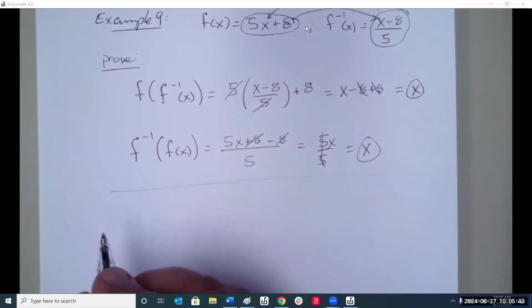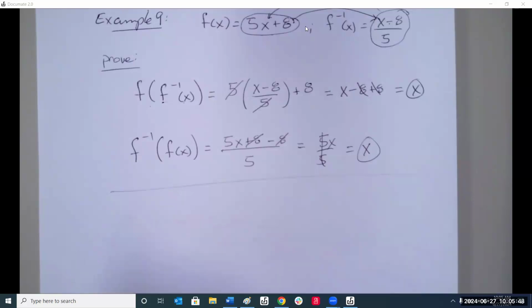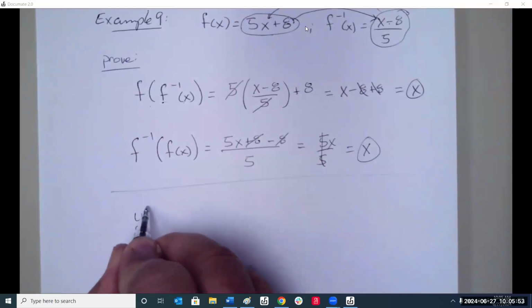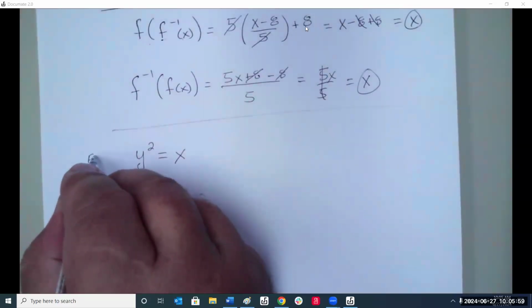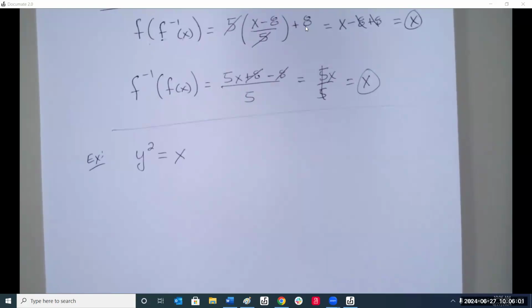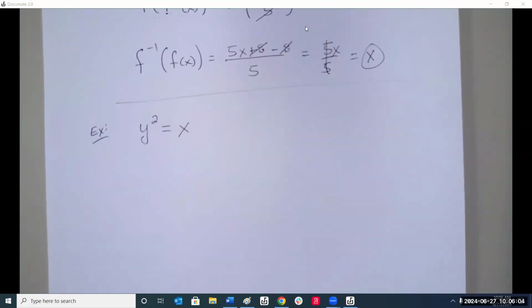What was that first one? This last part of this first section says that even if a function is not one-to-one, we can make it one-to-one.